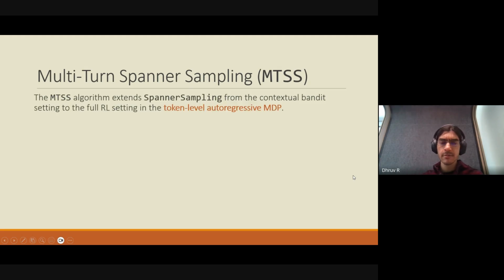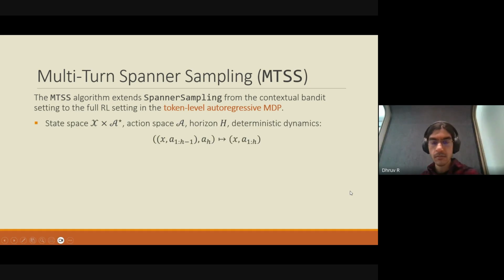So the multi-turn spanner sampling is basically the analog of spanner sampling, but moving from contextual bandits to the RL setting. It works in this explicit MDP, the autoregressive MDP, where the state space is the space of prompts and partial responses, the action space is the space of tokens, and the dynamics are defined by concatenation.